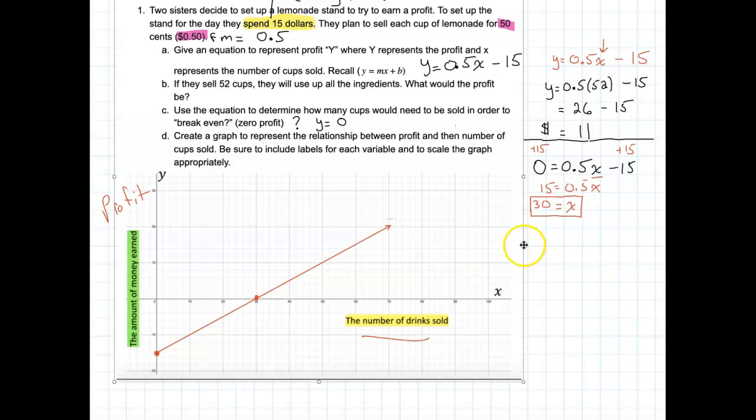All right, so we get the idea of that function, that graph. So this is representing the rise over run is every time I sell a cup, it's going to go up half. Now, if you looked at these blocks, because these go by tens, you know, it's going to go up 10 and over 20. You can kind of see that happening there too, right?